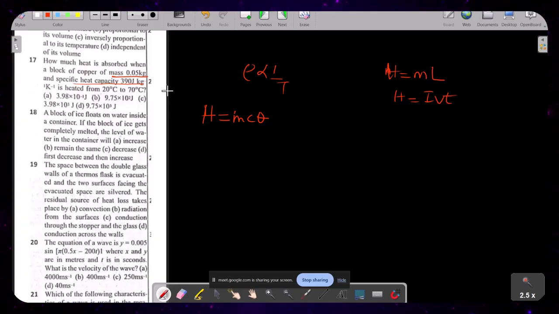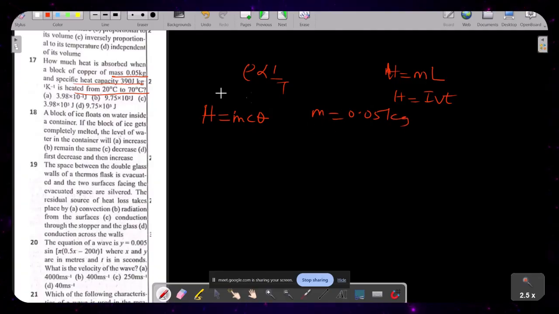Because they mentioned mass and specific capacity, I'll use mc theta. They said how much heat is absorbed. We're looking for heat, we're given mass, the specific capacity, and the temperature change. Our mass is equal to 0.05 according to the question.